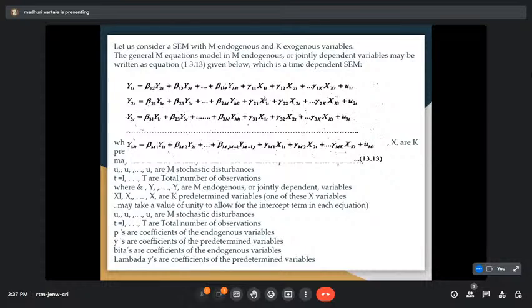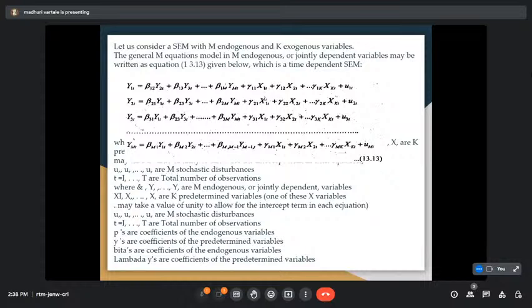Like that, the second equation will be like this same, only we change the value of u2t, and in the third equation there is a change in u3t. So where ymt is beta m1 y1t plus beta m2 y2t plus n number of factors can be considered here.